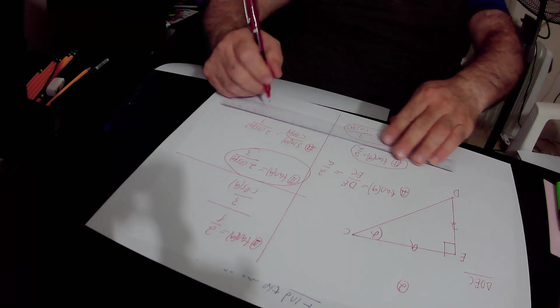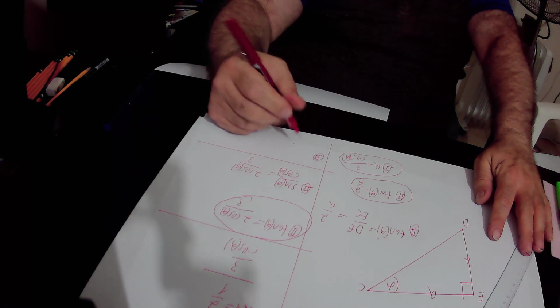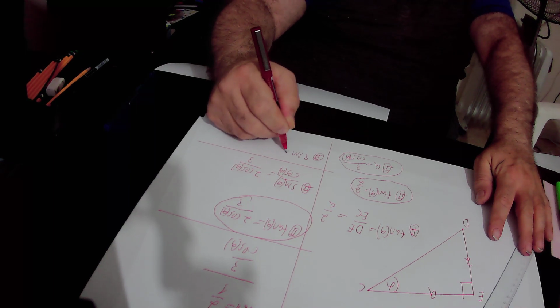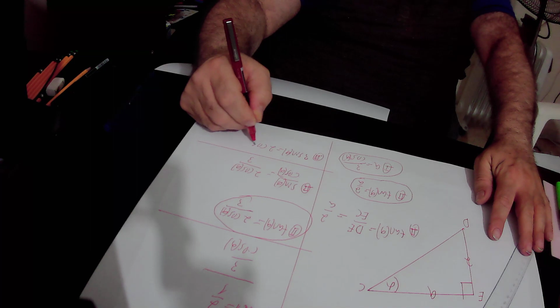And we will get that according to equation number 2, 3 times sine alpha is equal to 2 times cosine square alpha.